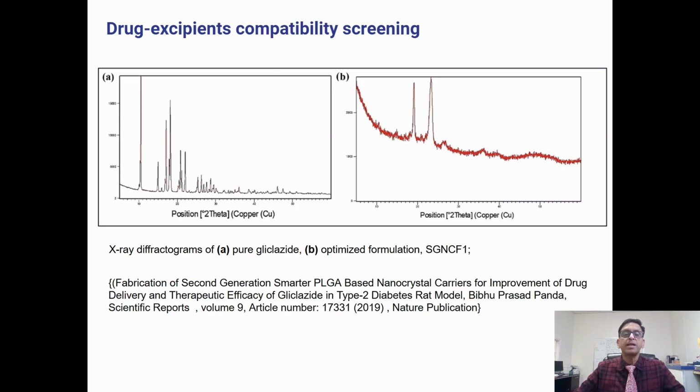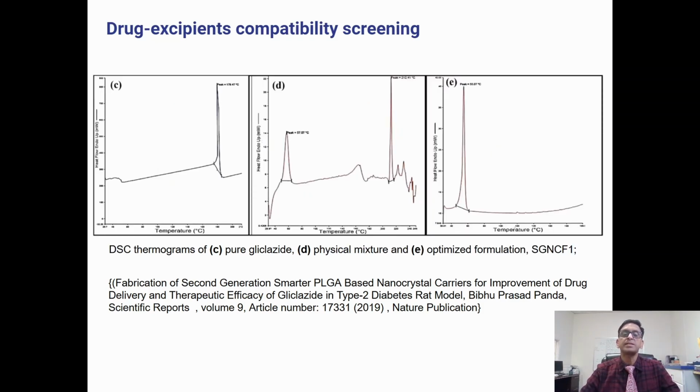By this comparative analysis of the pure drug with the developed formulation, we can understand under which condition the drug is going to be stable, and which parameter and which excipient is going to influence the degradation or loss of the drug components of the formulation.